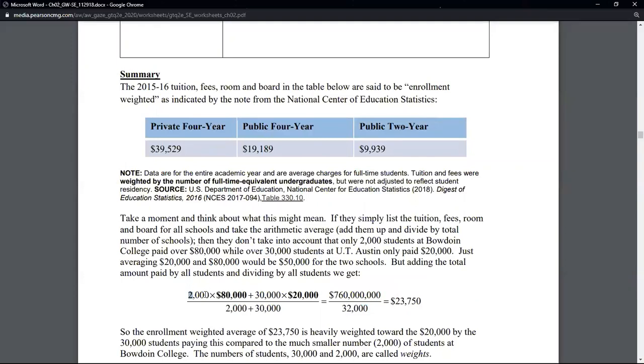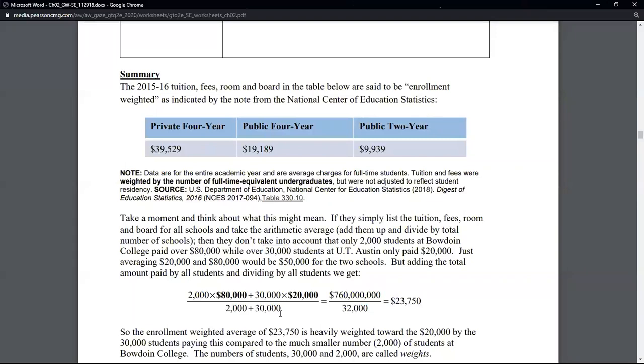They say, all right, the 2,000 students, that would be the weight from the smaller school, and they were paying 80,000. So 2,000 times 80,000 is kind of like our grade percentage times the grade we earned, then plus. And then the next weight is there's 30,000 students there times the cost they paid of 20 grand. And then the denominator is supposed to be the sum of the weights, not 80,000 plus 20,000.